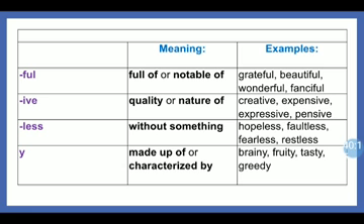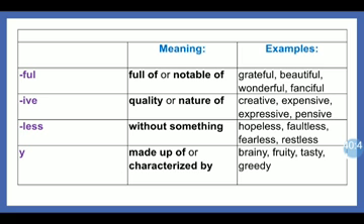And we also have some that end with a y. Not all words end with y now. Remember that the word has to make sense when you are adding the y to it. The y means made up of or characterized by.